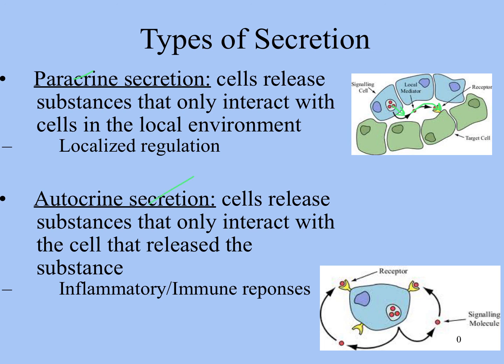And autocrine secretion, where a cell will secrete a substance and then that substance will go back and bind to a receptor on that same cell. It could also bind to receptors on other cells as well, and activate that cell. You'll see this a lot in immune responses, where a single cell will tend to auto-regulate itself through autocrine secretion.